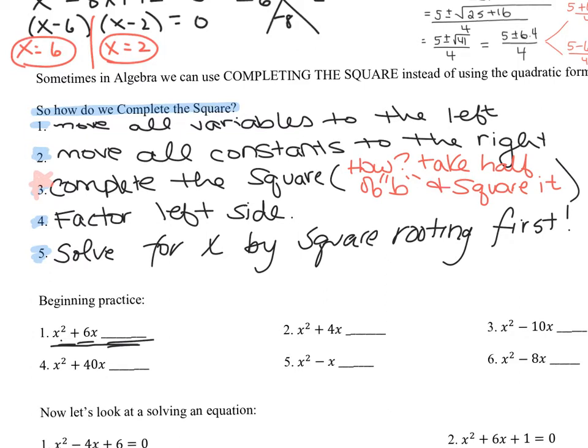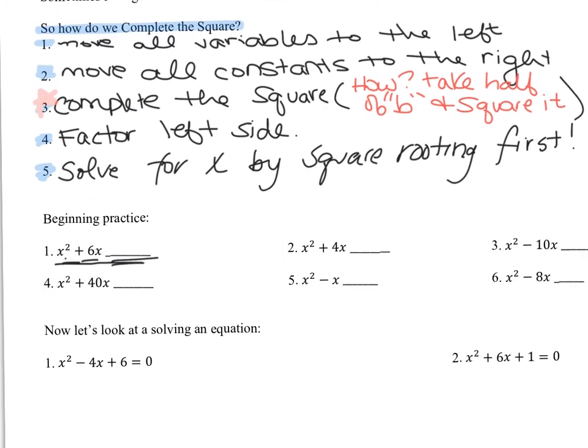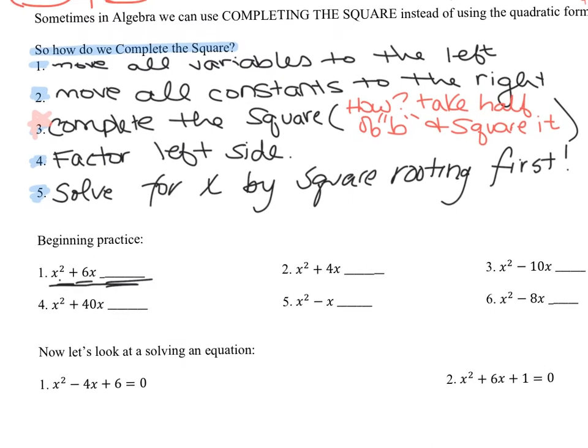In order to get my third term, I have to complete the square. How I complete the square is I take half of b and then I square it. Remember when we did the quadratic formula up here, b was x's coefficient. So if I come back down to this problem, b in this problem is 6.